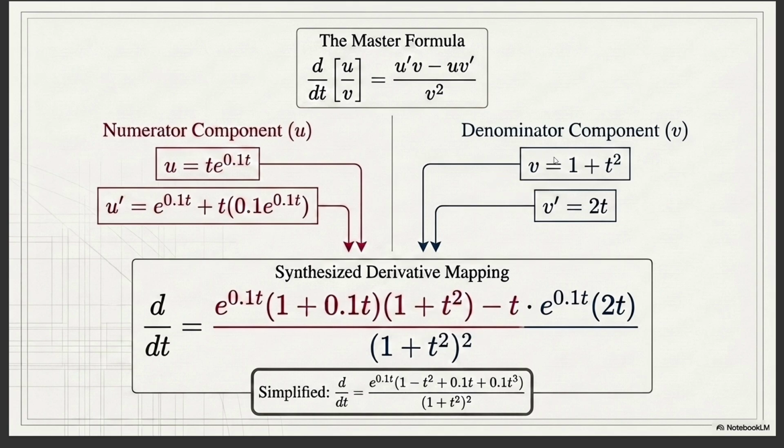Finally, we substitute u', v, and v' into the master formula, and after substituting the values and simplifying the algebra, we get the final simplified derivative shown at the bottom. dH/dt equals e^(0.1t)(1 minus t² plus 0.1t plus 0.1t³) divided by (1 plus t²)².